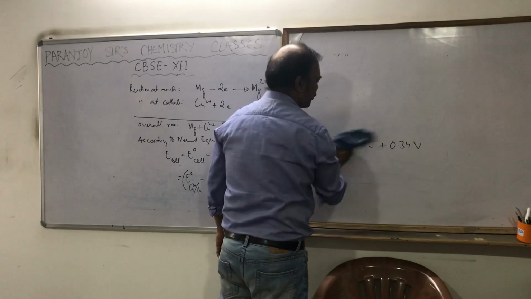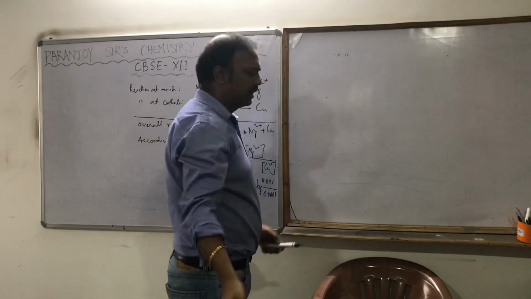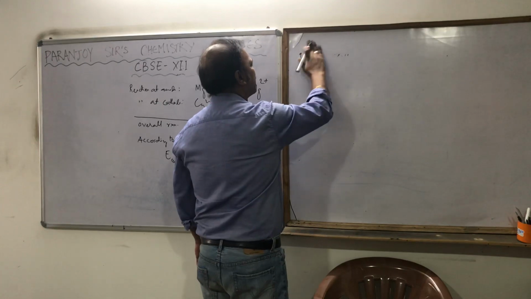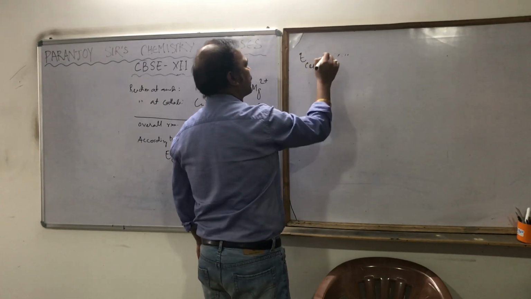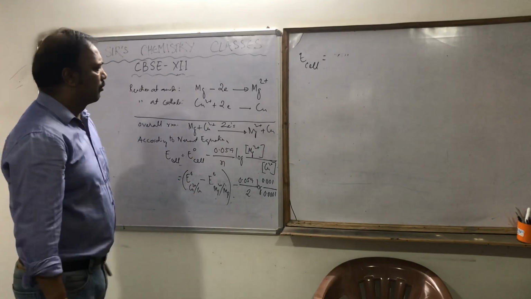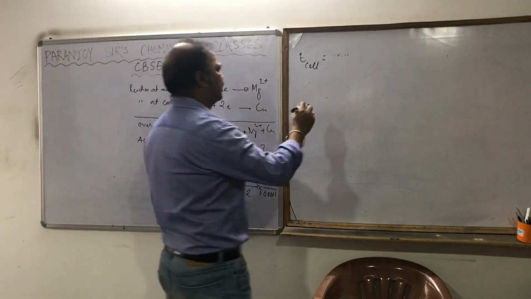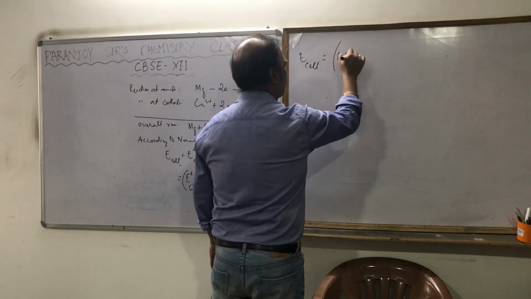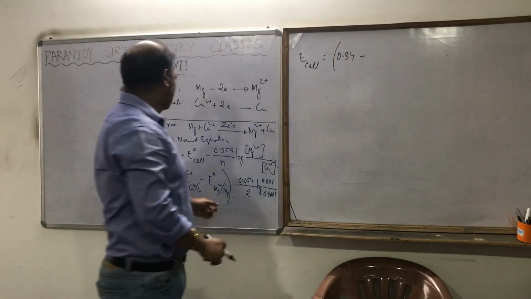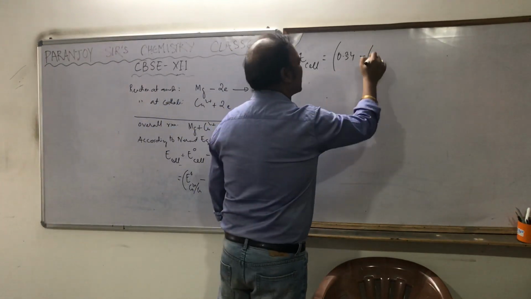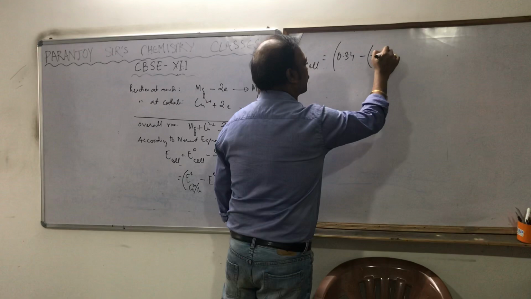So E cell should be equal to, now what is the value of E0 cell? E0 copper, which was given already, equals 0.34, minus E0 magnesium, which is given as minus 2.36.